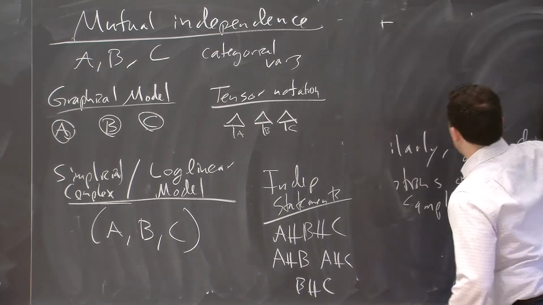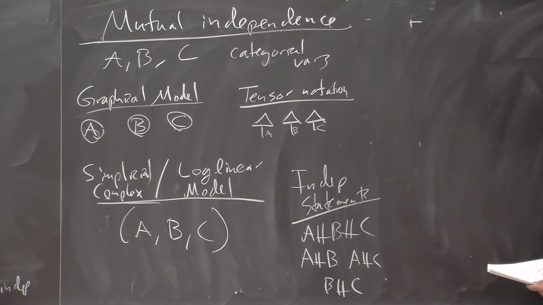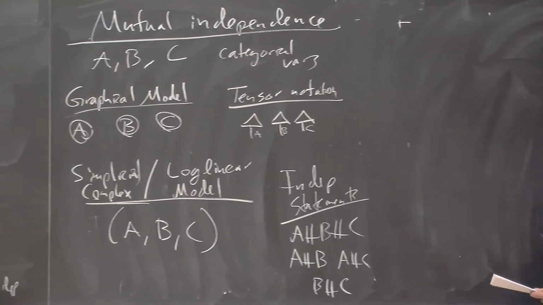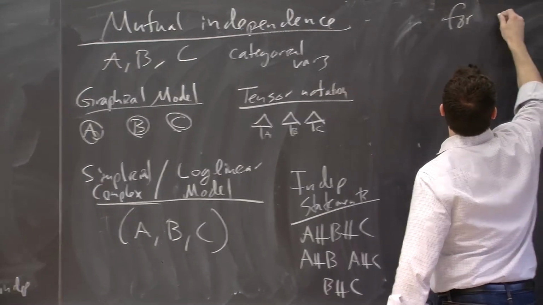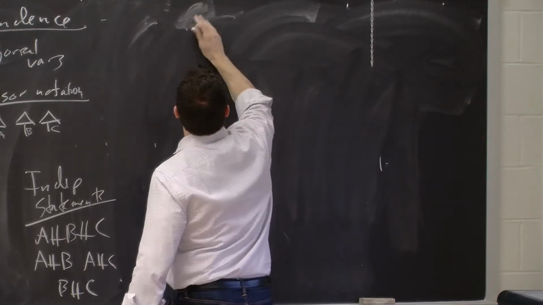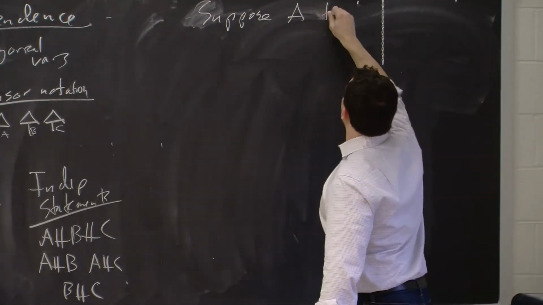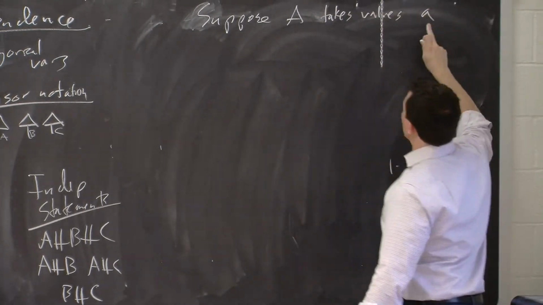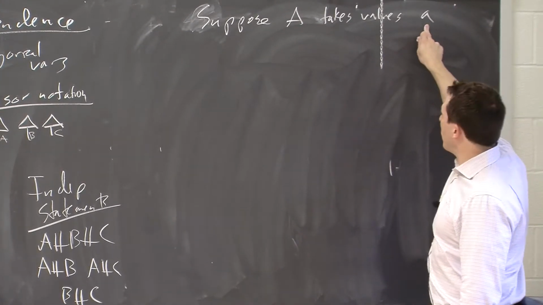And if you think back to the definition of independence that you might have learned in an elementary probability class, remember that it's often defined in terms of parameterization or factorization. That is, we say that, for any, suppose A takes values little a. So little a is an outcome of big A. This is yes or no, or red, green, blue.